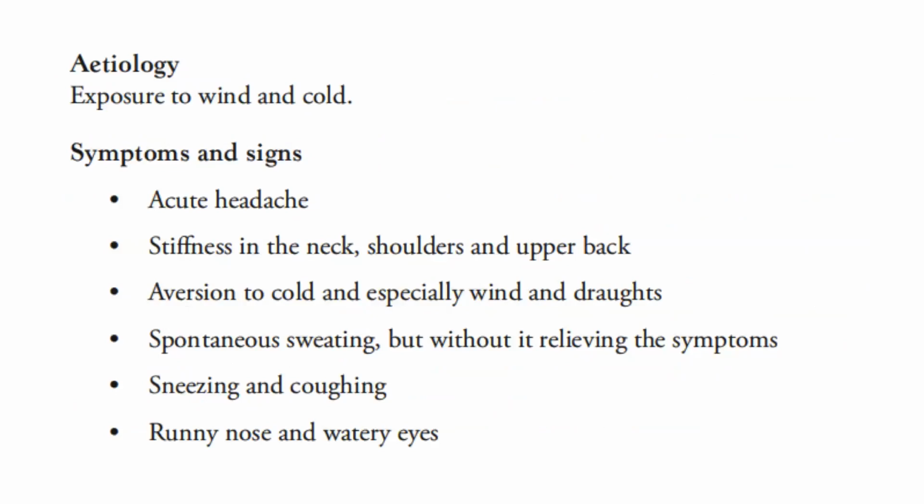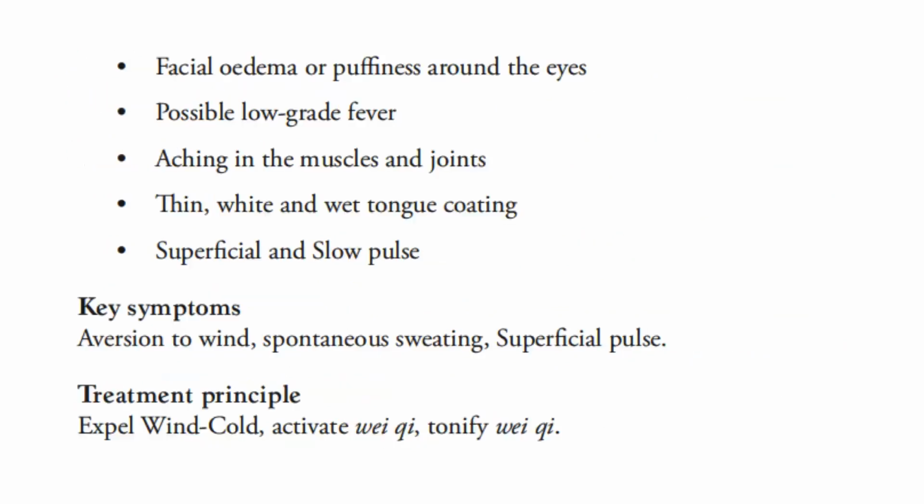This pattern has its etiology in exposure to wind and cold, and it has the following symptoms and signs: acute headache, stiffness in the neck, shoulders, and upper back, aversion to cold and especially wind and drafts, spontaneous sweating but without it relieving the symptoms, sneezing and coughing, runny nose and watery eyes, facial edema or puffiness around the eyes, possible low-grade fever, aching in the muscles and joints, thin, white, and wet tongue coating, and a superficial and slow pulse.